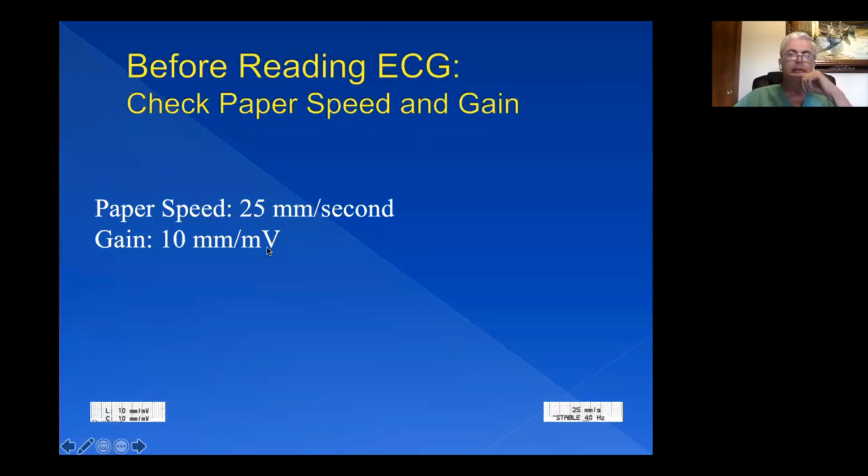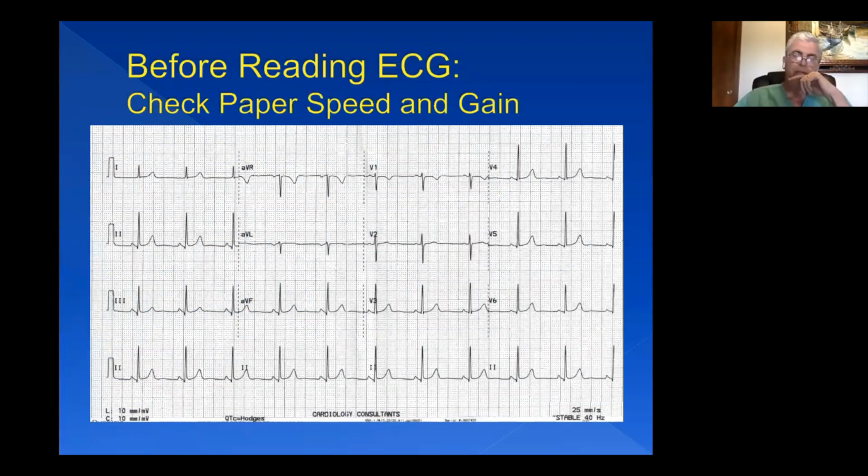How do we know that? Every 12-lead ECG, and I hope you start looking at that, will have that somewhere. The top, the bottom, the side, you will find it. In this case, see, limb leads have 10 millimeter per millivolt gain, chest leads 10 millimeter per millivolt gain. Speed, 25 millimeter per second.